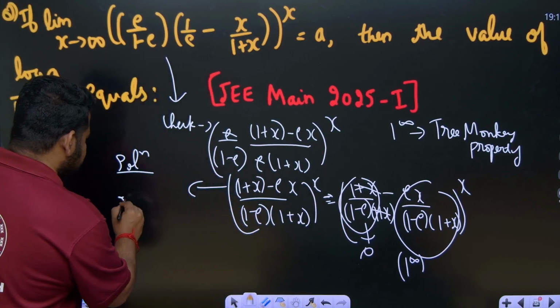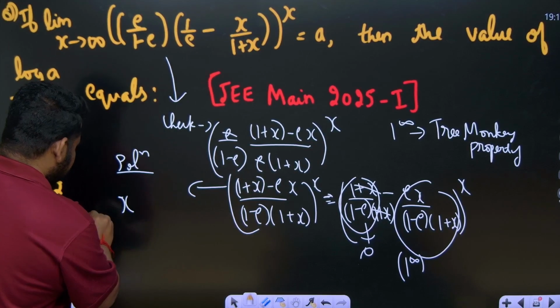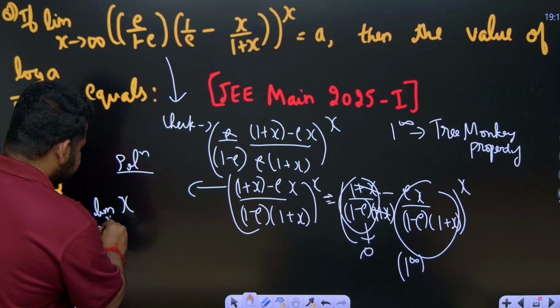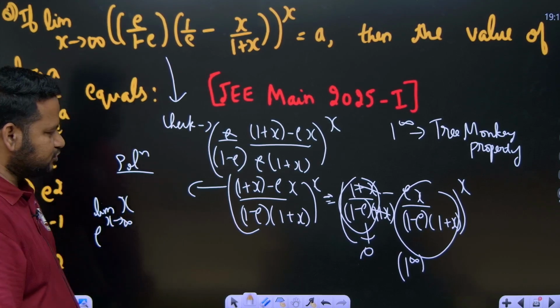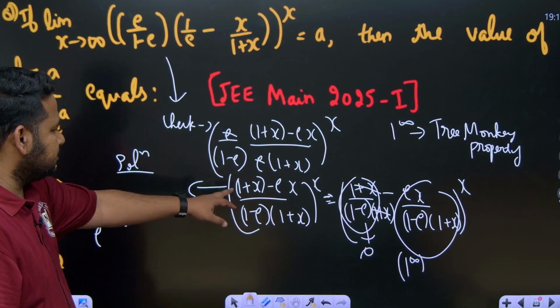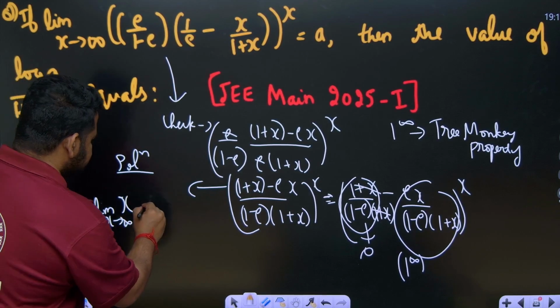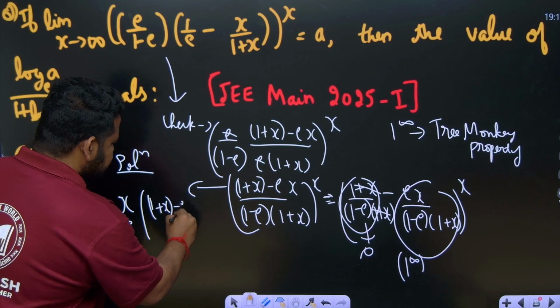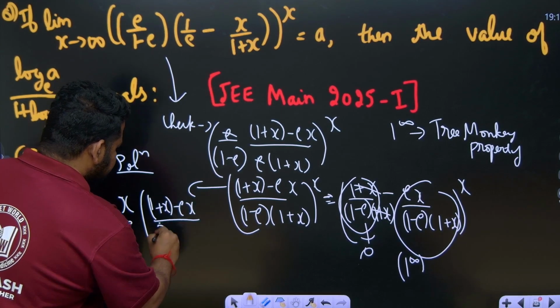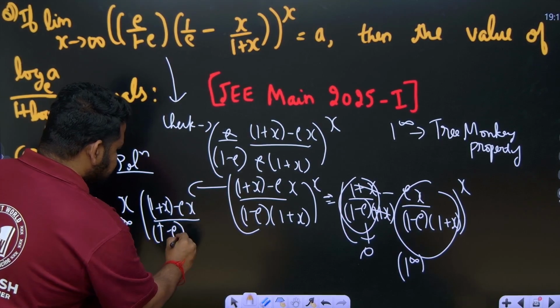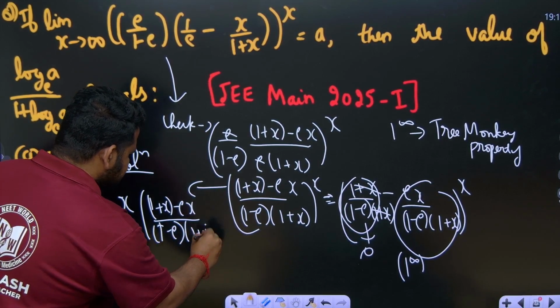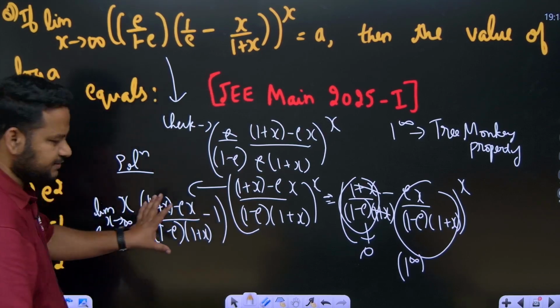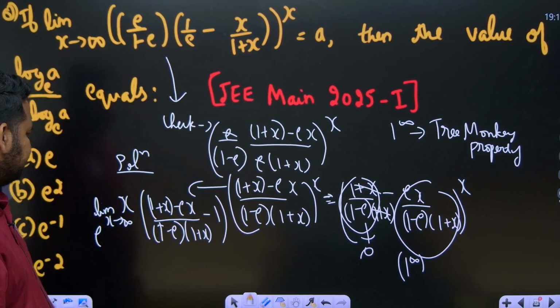So this will become e power limit as x tends to infinity, x into (1 plus x minus ex by 1 minus e into 1 plus x, this entire thing minus 1). This is what we have.